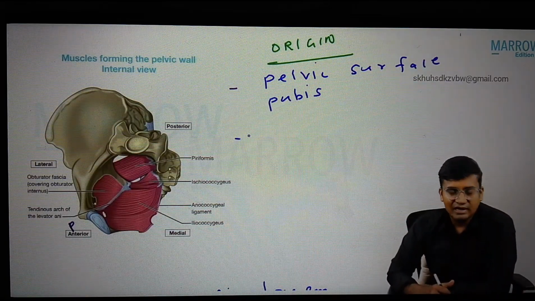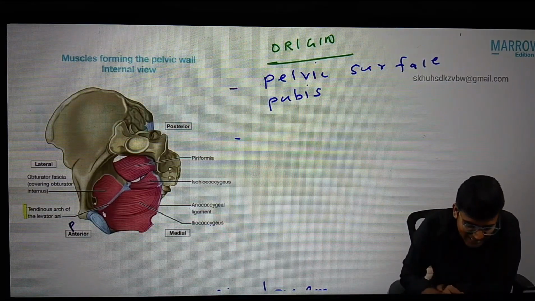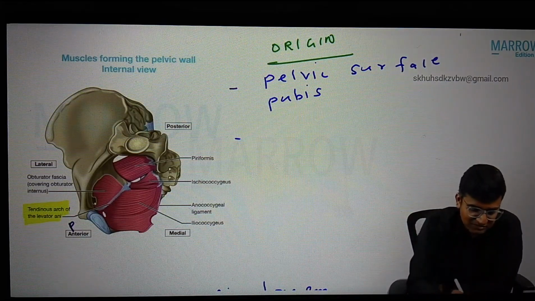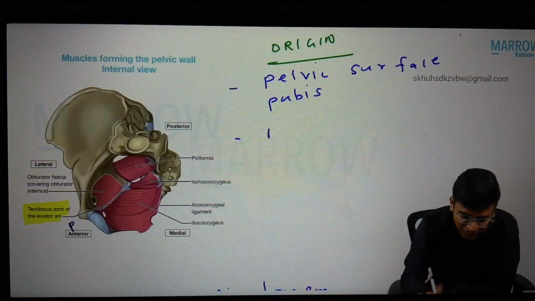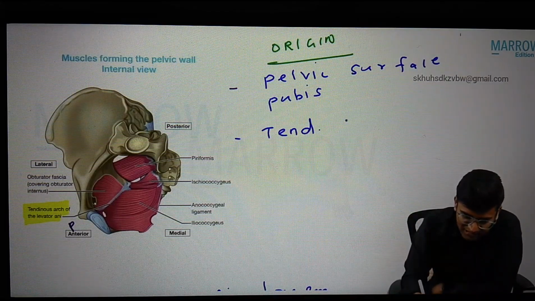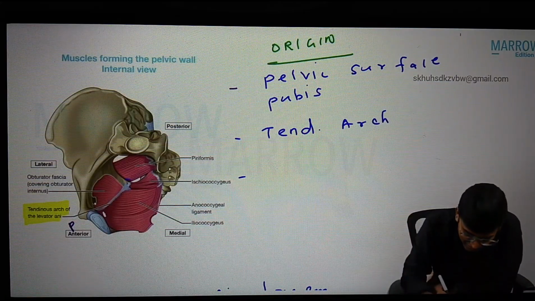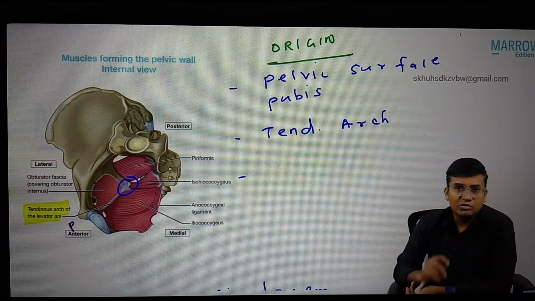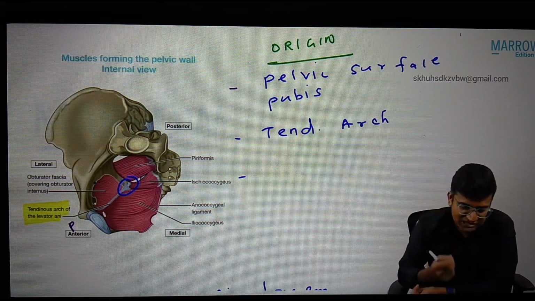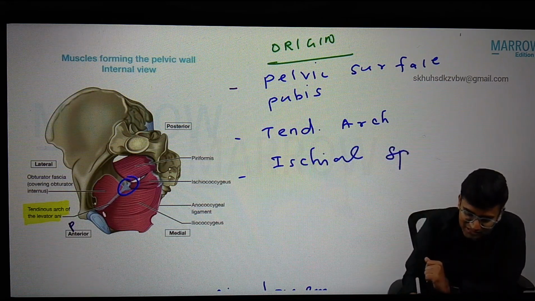The muscle also takes origin from the tendinous arch, this white line. Number three, we have one small sharp projection from the ischium bone, called the ischial spine.